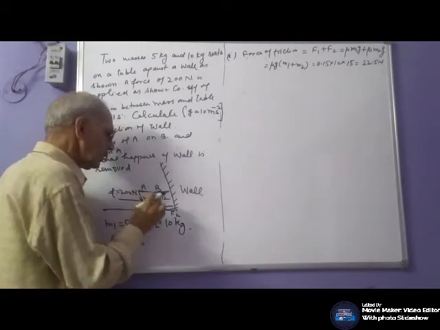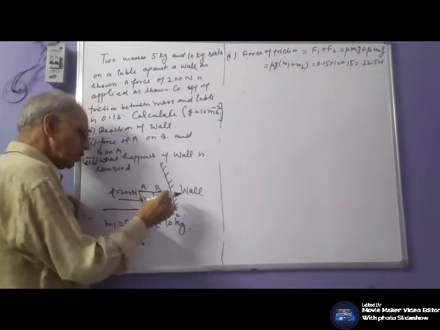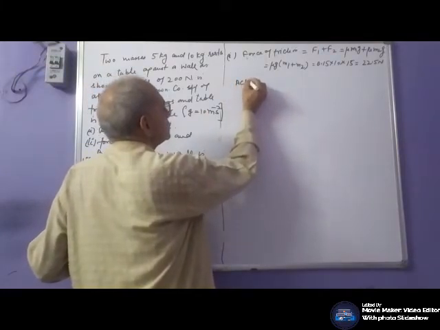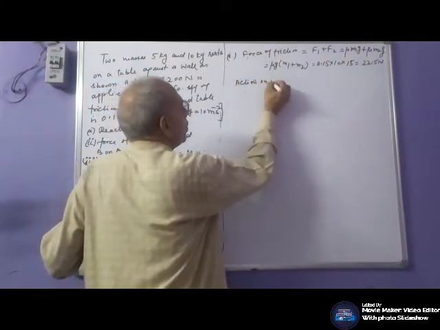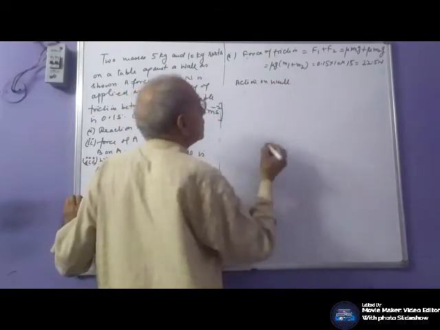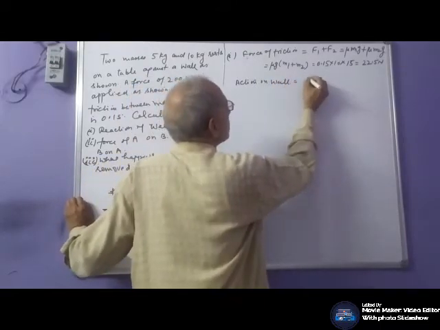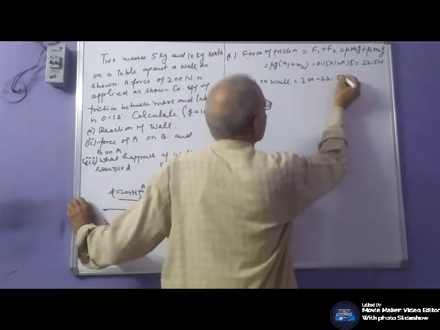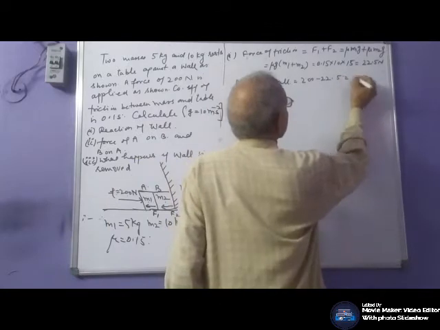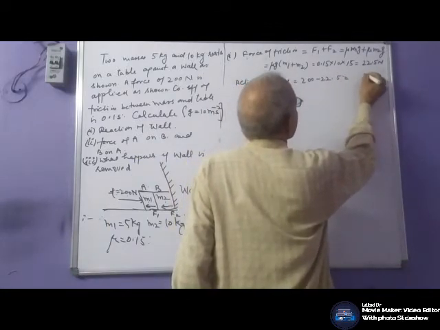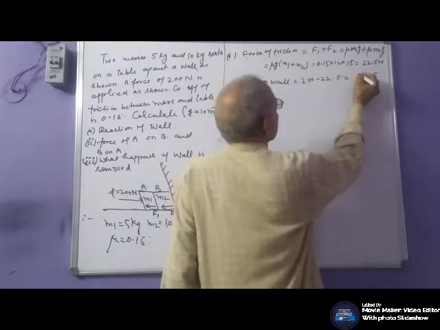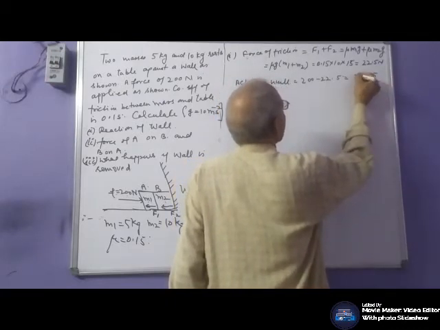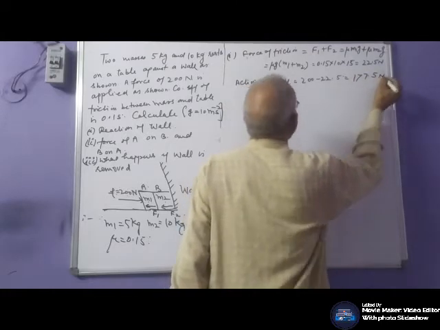This will be the applied force. This is force of friction. Action on wall: 200 minus 22.5, this is what, 177.5 Newton.